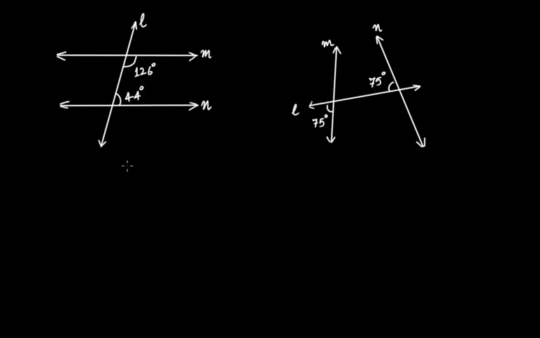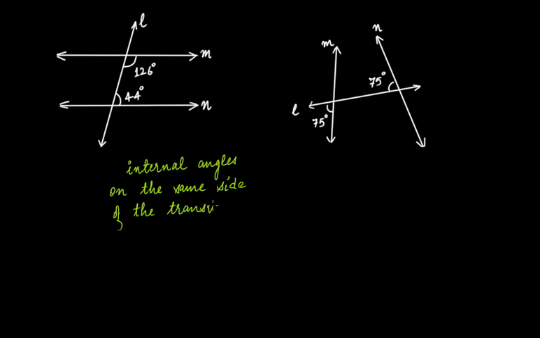They are internal angles on the same side of the transversal. 126 degrees is an internal angle, 44 degrees is an internal angle, and they are on the same side of the transversal. That is, in this case, they are towards the right of this transversal.